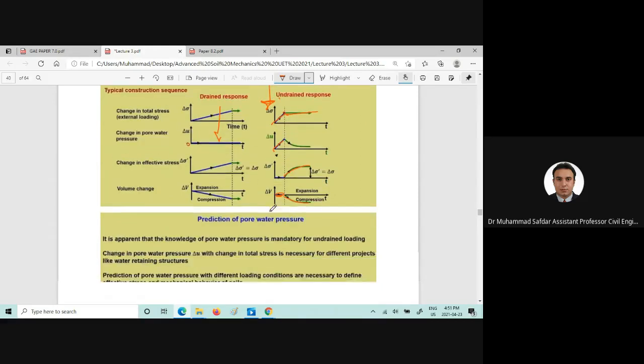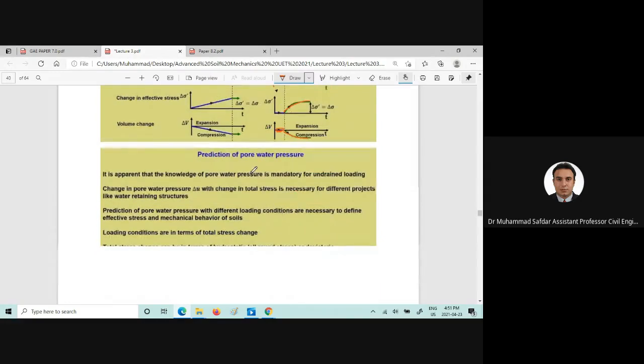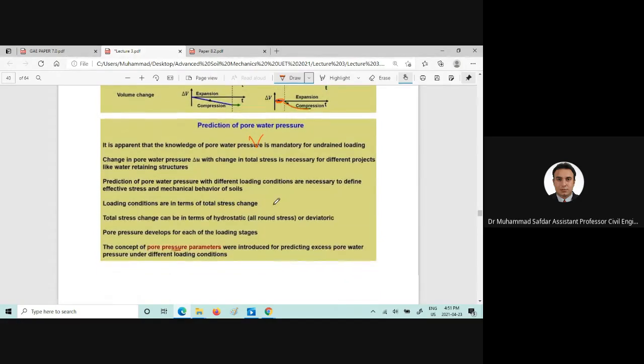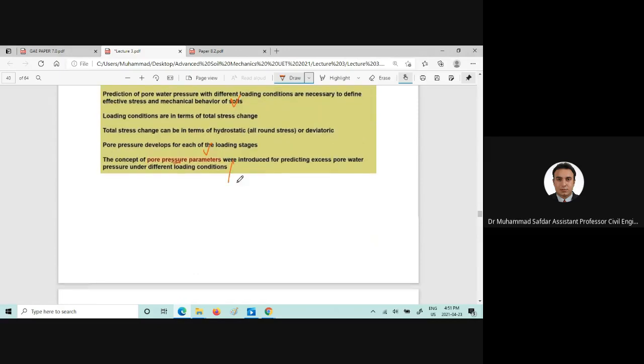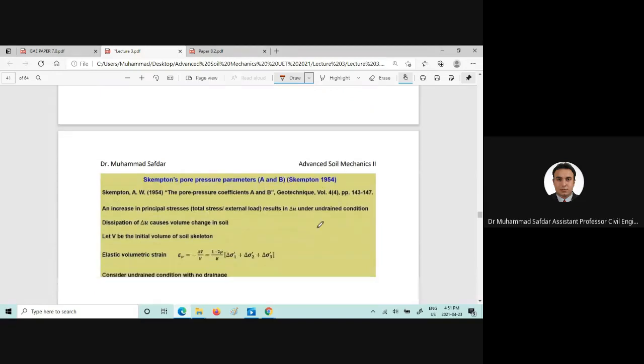Now the protection is also important for different loading conditions, in total stress analysis or effective stress analysis. So these are very important in different loading conditions, or even I would say in determining the shear strength parameters as well, because our topic is on the shear strength parameters.